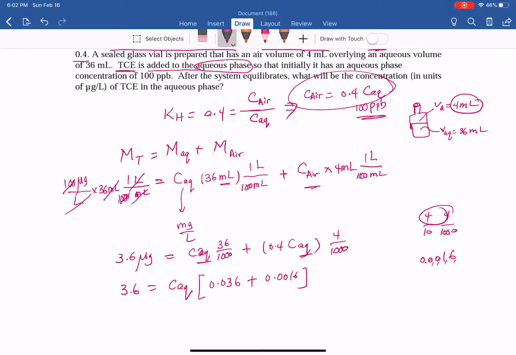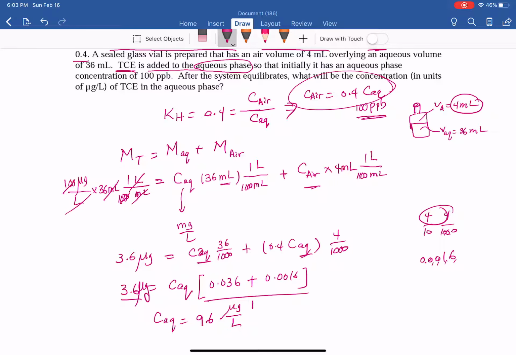So now we could find C aqueous by dividing this over this. So C aqueous is equal to 96. And since this is in micrograms and everything else in liters, it's 96 micrograms per liter. We changed everything to liters.